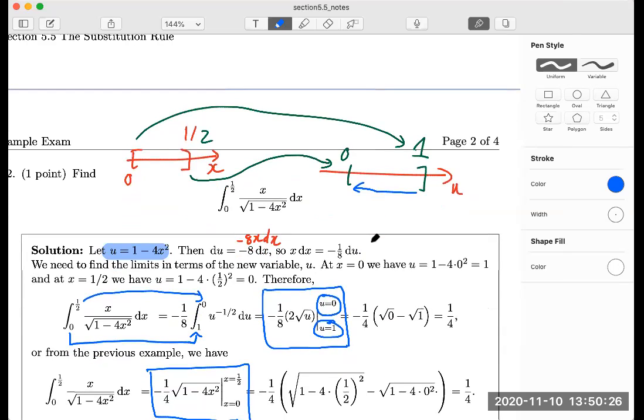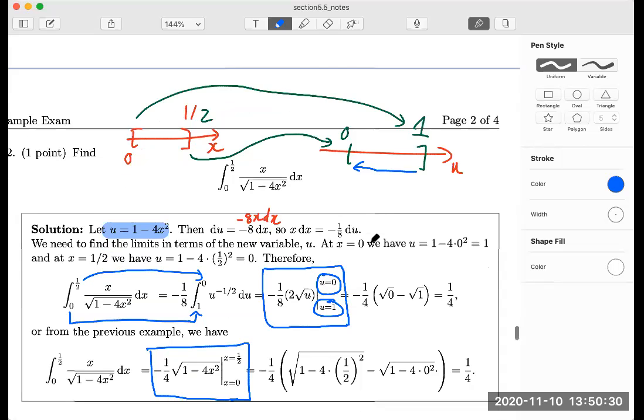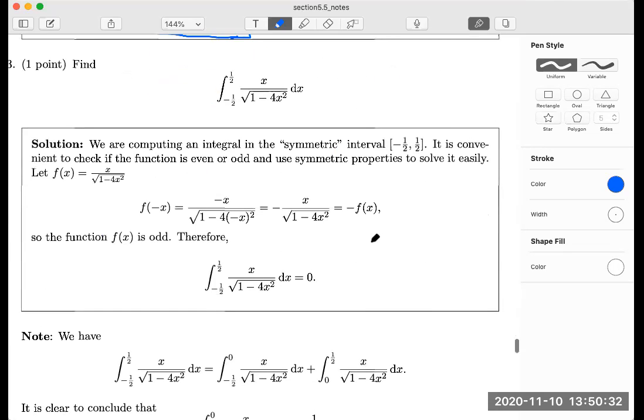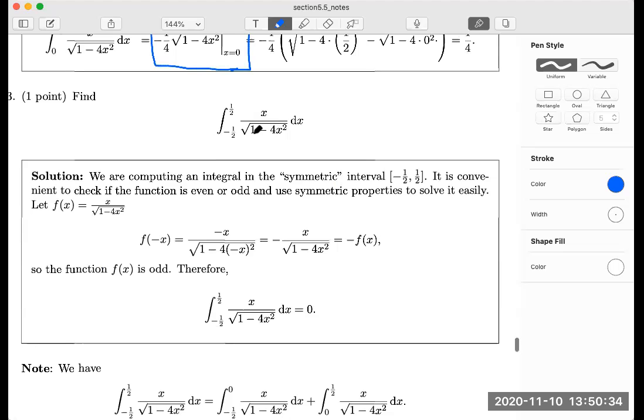And we play with this example again, but we need to compute the value of this integral over the interval from -1/2 to 1/2. Okay. Whenever you see an integral like this, ask yourself if we can use some symmetric properties to save our computation, okay?